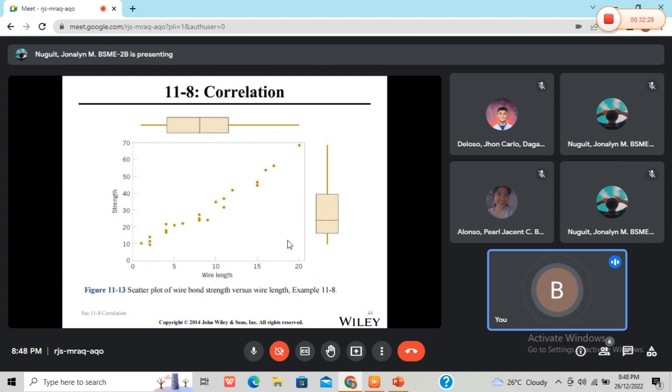As you can see in Figure 11-13, the scatter plot of wire bond strength versus wire length, all points are close to a line through the center, so the absolute value of our correlation coefficient is high.